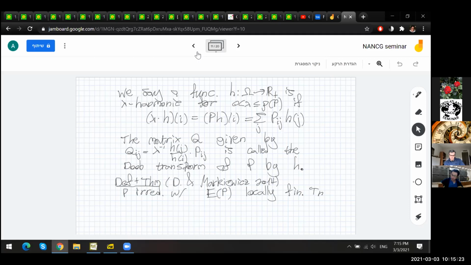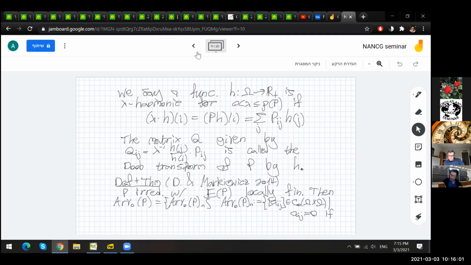Then I can define a subproduct system. So this is what I'm going to call X(P). It's going to be comprised of X(P)_n, where X(P)_n is just going to be all matrices A_ij in C_0 of omega times omega, such that they are supported in the same places that P^n is.